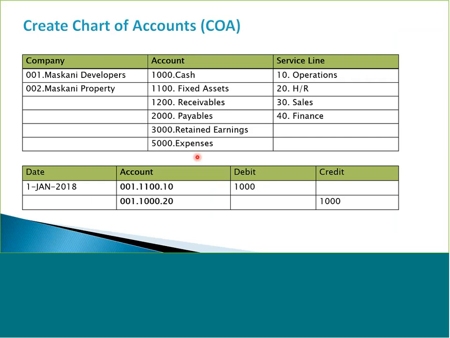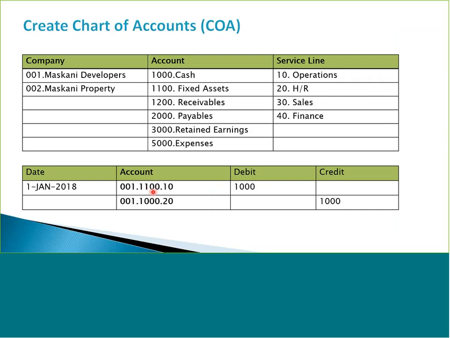So if we don't have dynamic insertion on, after you have completed your whole ledger and you're entering journals, let's say it's a fresh ledger, you haven't entered any information before, you'd have to manually validate this combination 001, 1100, and 10. You have to tell the system directly that this is a valid combination that you are allowed to use.